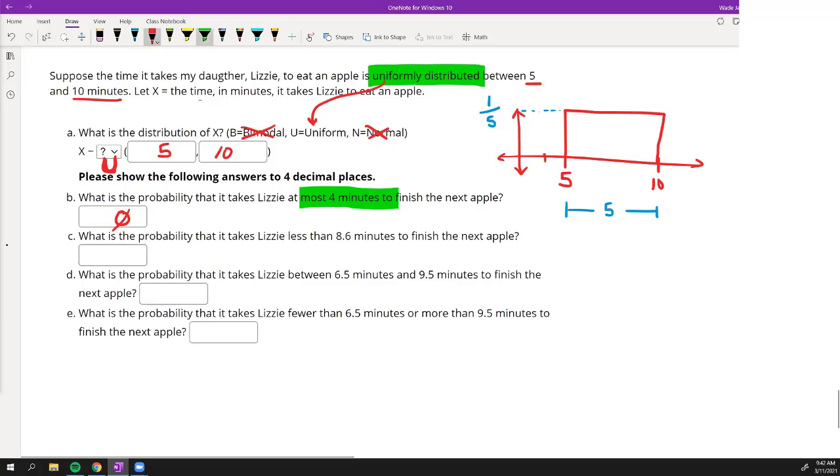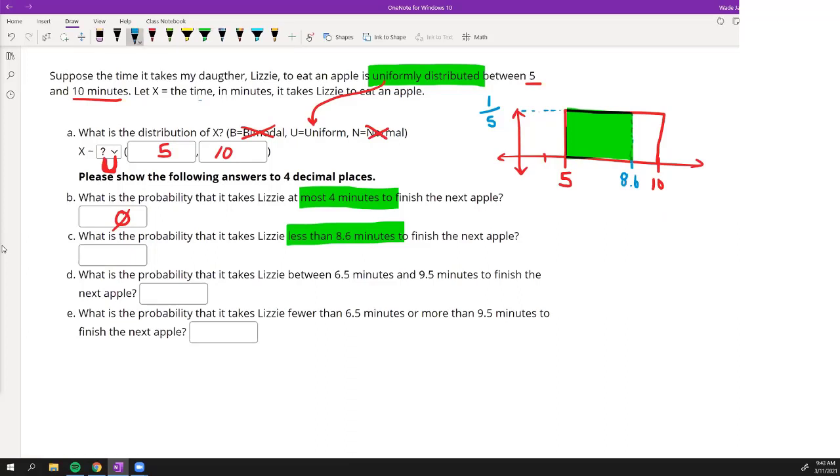What is the probability that it takes Lizzie less than 8.6 minutes? On our graph, we need 8.6, and we can draw a little line here like this. What we would like to find is the area less than 8.6. What is the area of this rectangle? To find this area, we have to do two things.